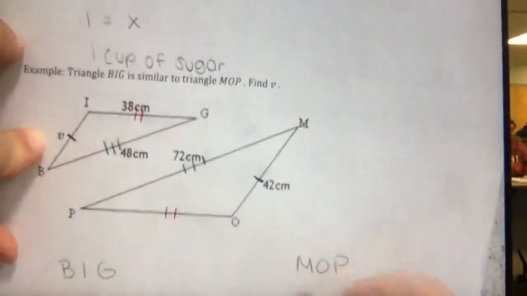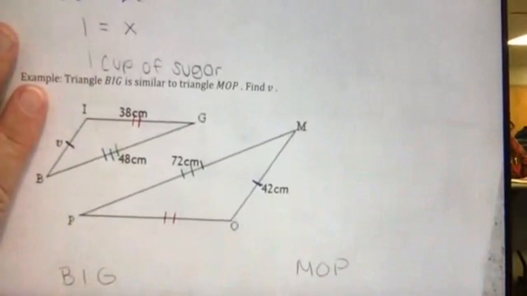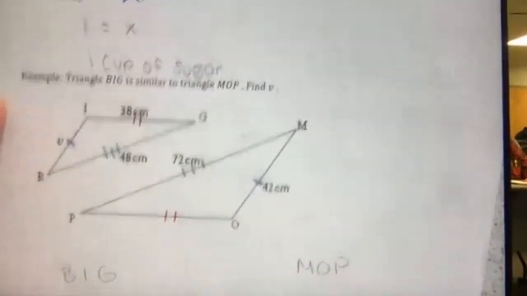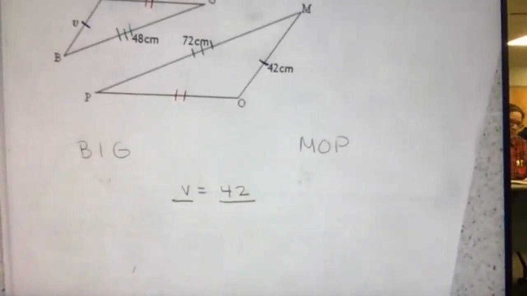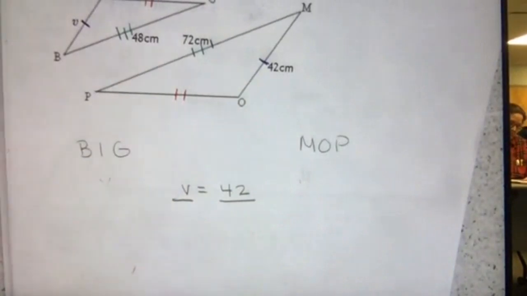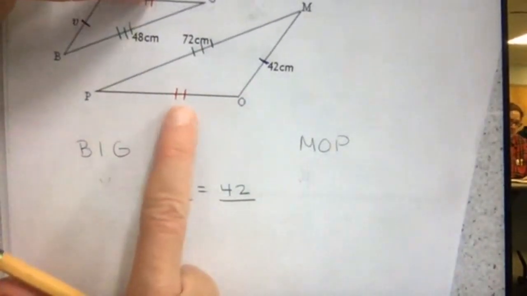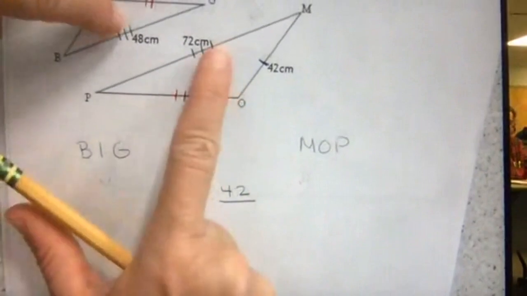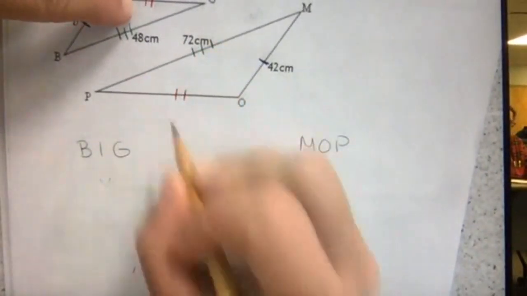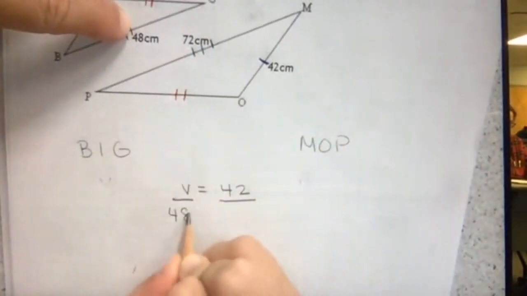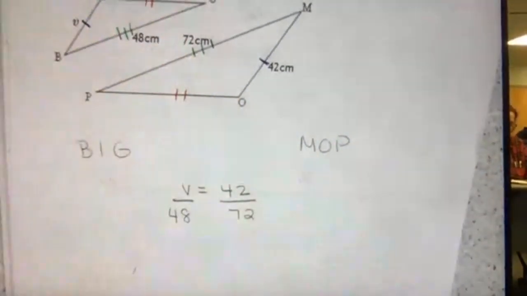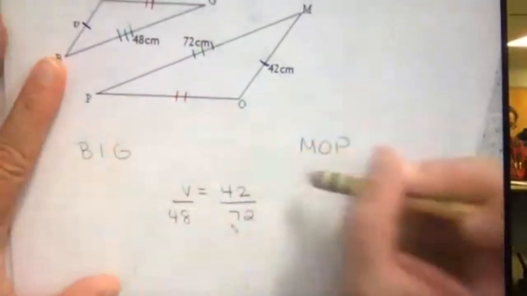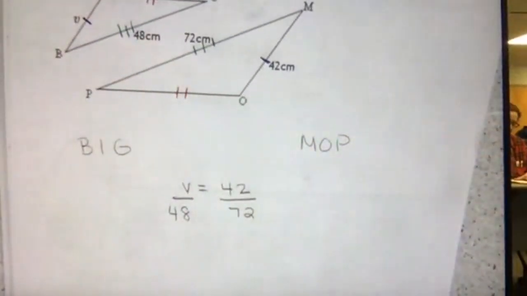So V over 42, because those two sides match up. Now I need to pick another side. I don't want to pick this second side because I don't know what this value is. So let's pick this third side. My BG side is going to be 48, and my MP side is going to be 72. So this will give us a proportion that we can use to solve for V.